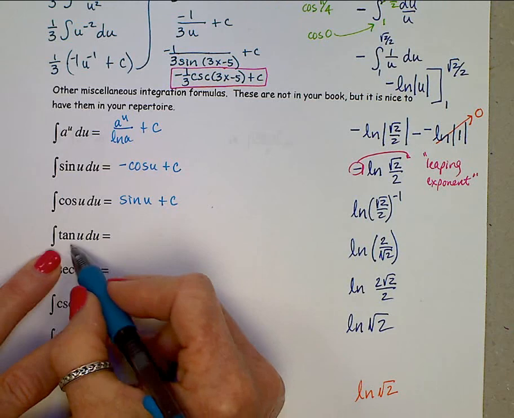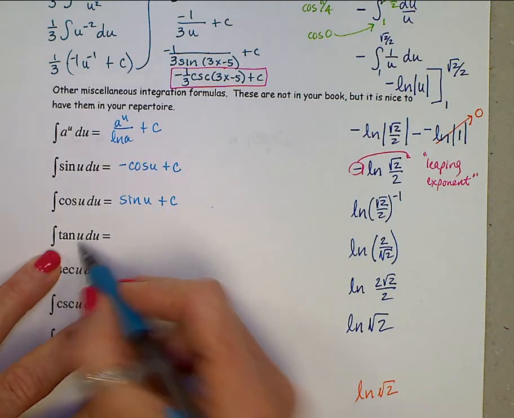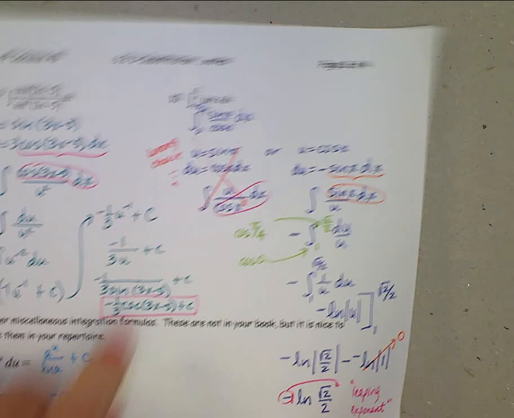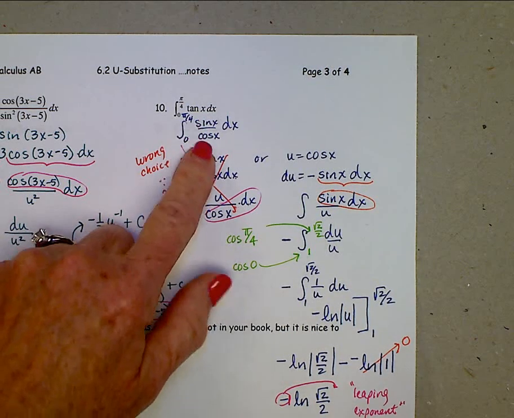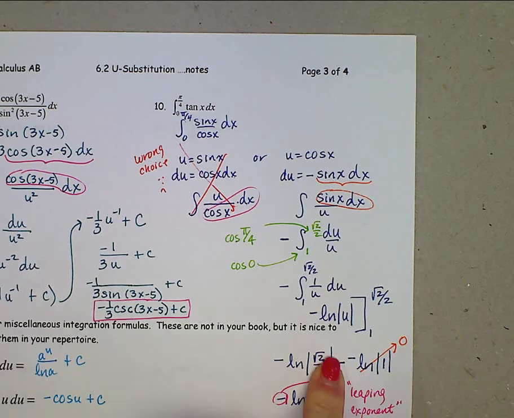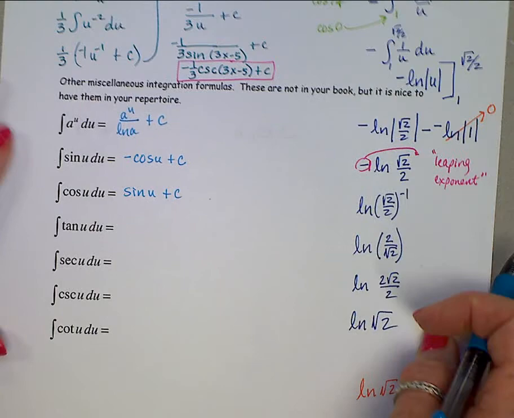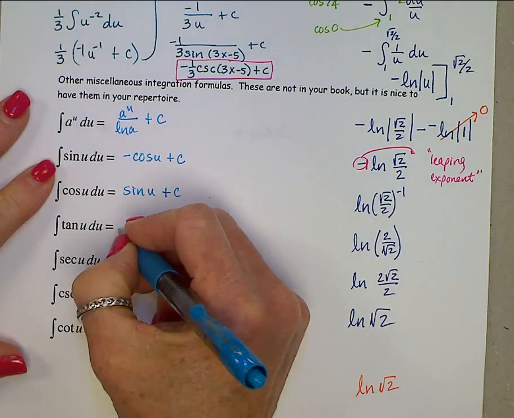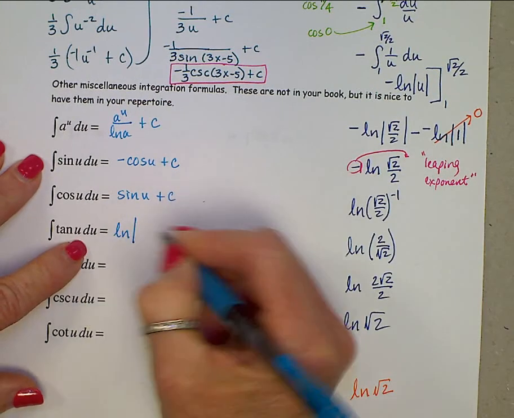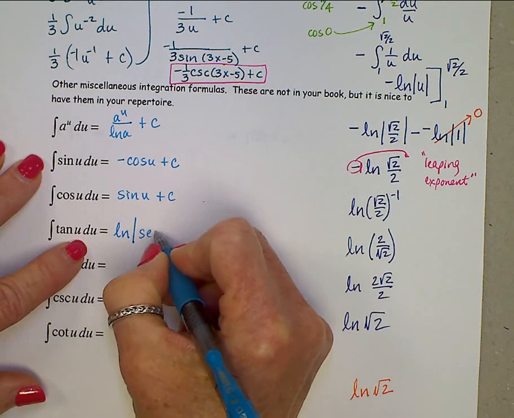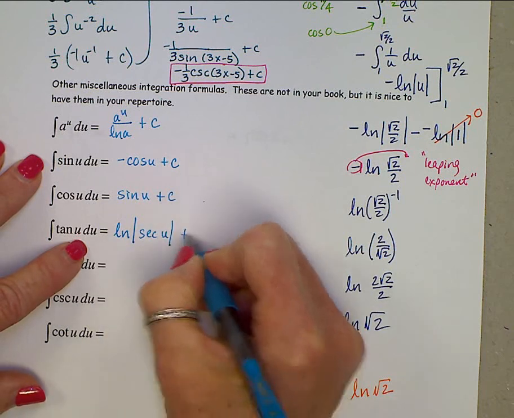Now the antiderivative of tangent u. We just did a tangent one up here. You can always change tangent into sine over cosine and then do the u substitution. Or you can memorize that the antiderivative of tangent u is the natural log of the absolute value of secant u plus c.